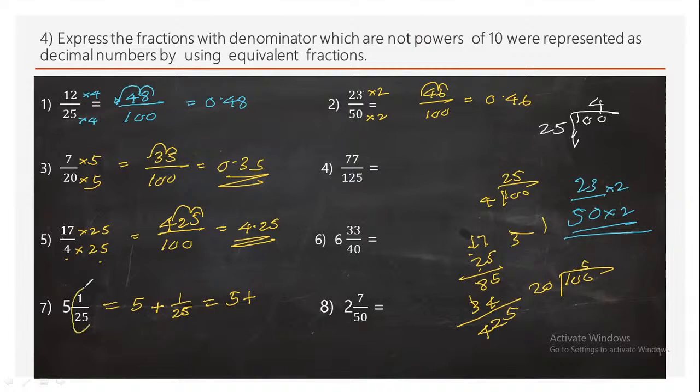Keep only the fractional part, then write 1 over 25. Then convert the denominator to 100, multiplying over the line and below the line by 4. 4 over 100. Then 4 divided by 100, 2 decimal places towards the left-hand side, 0.04.